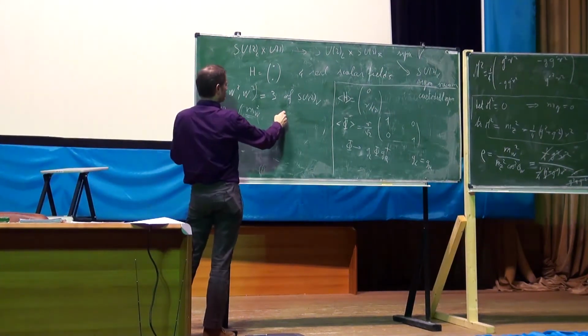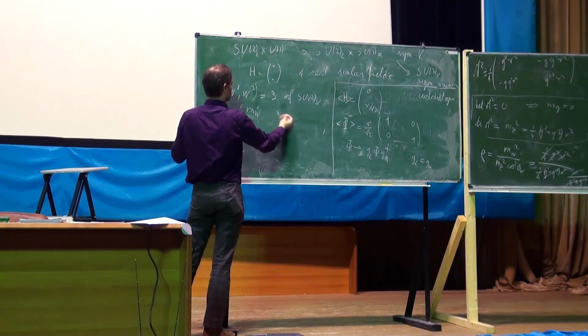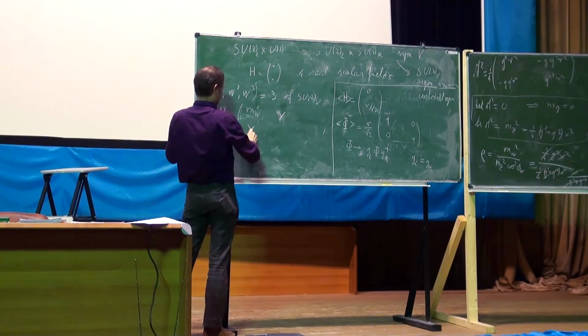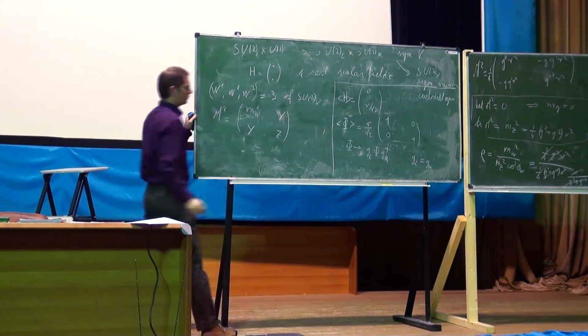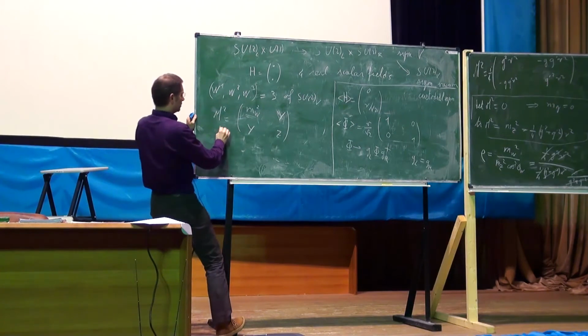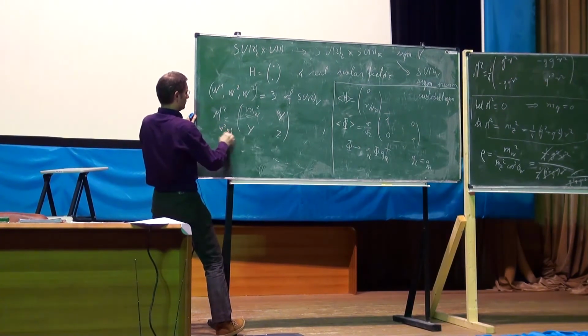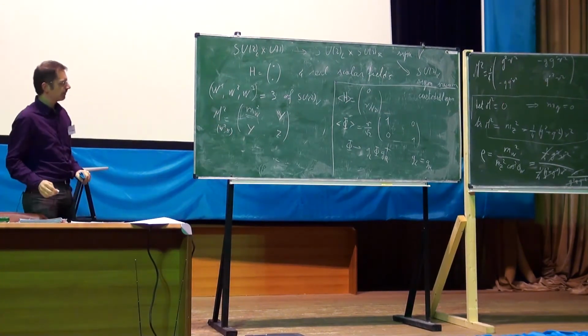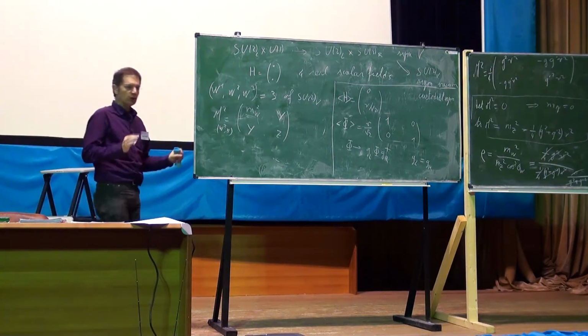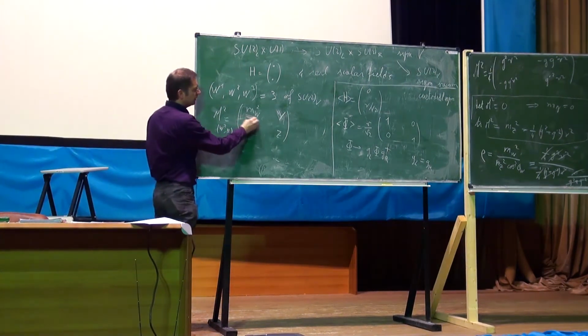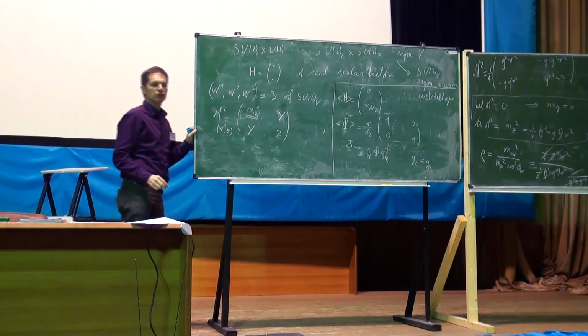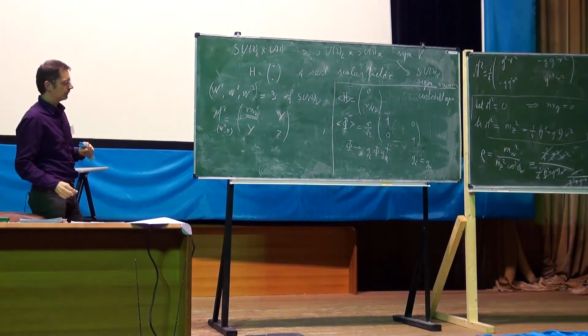Here I still don't know exactly what the other elements are, so we call them Y and Z. So that's the mass matrix in the basis W3 and Z. The SU2 custodial symmetry is telling you that this element has to be the mass of the W squared.